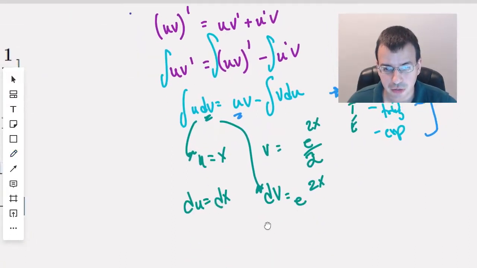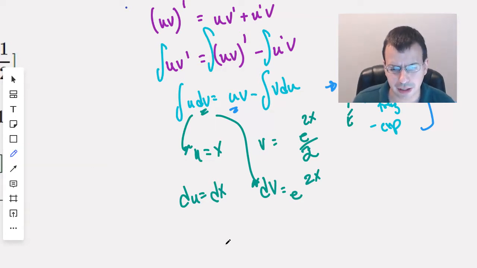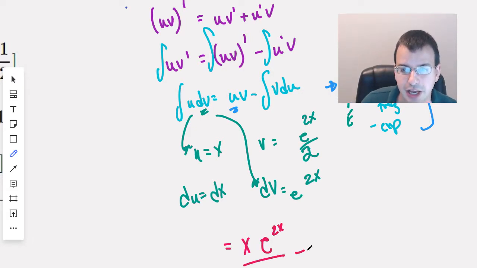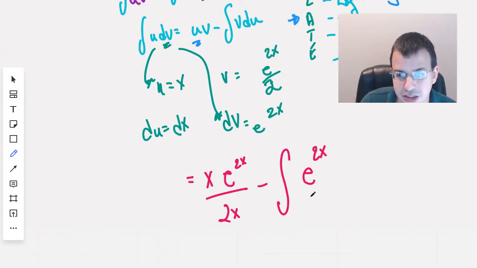So then we use the formula that we have. Then we have u, which is x, times v, which is e to the 2x over 2, which we found. And then we subtract off the integral of v du, so e to the 2x over 2 dx.